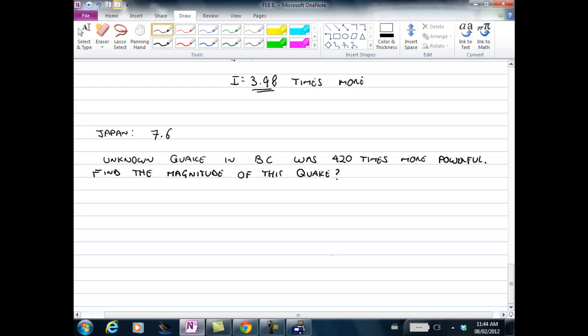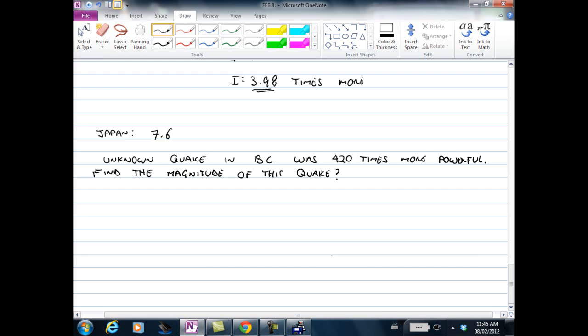Find the magnitude of this quake. When they talk about pH, it's the same concept: difference in magnitude. Same formula. So in this question, what do you actually solve for, I or R? You're solving for R.